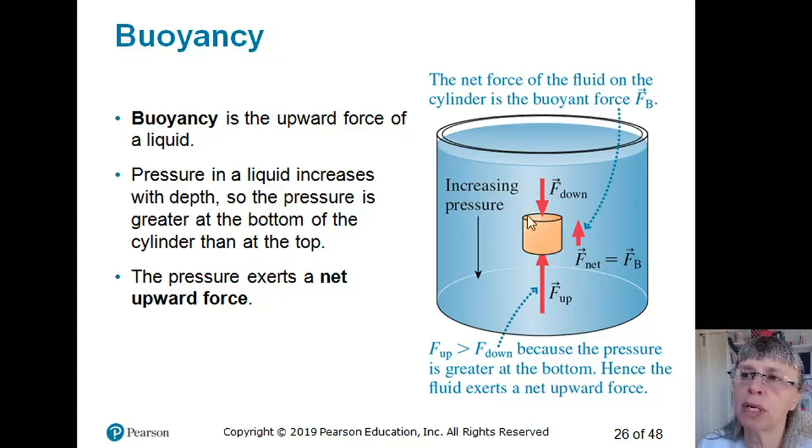At the bottom of the object, the fluid also puts pressure on the bottom. But because the pressure of a fluid increases with depth, the pressure at the bottom of this object is greater than the pressure at the top. It's that change in pressure that creates a larger force on the bottom than on the top. That gives us a net upward force on anything that's in a fluid.